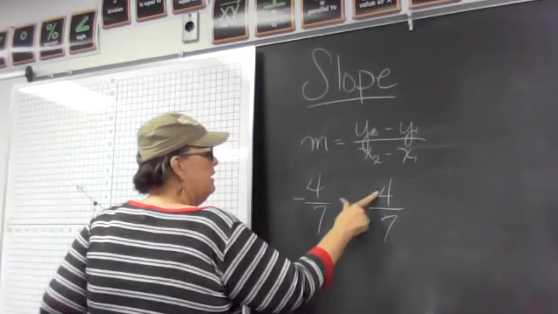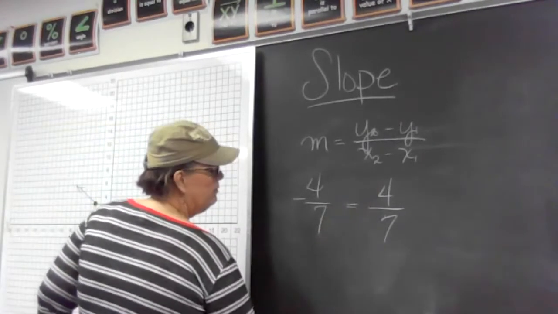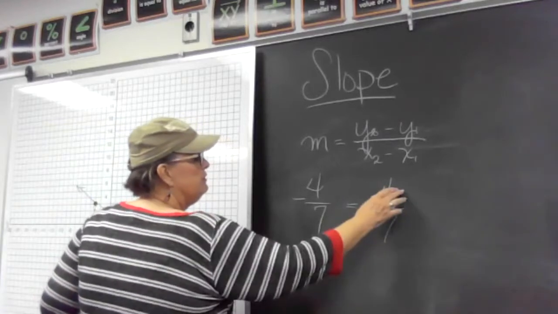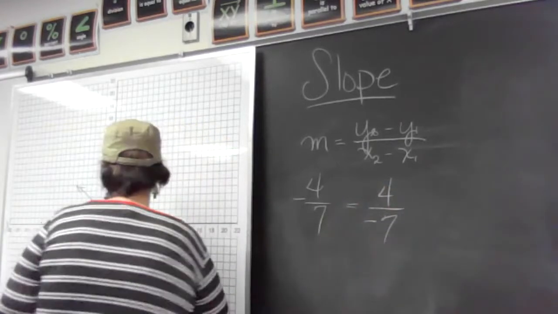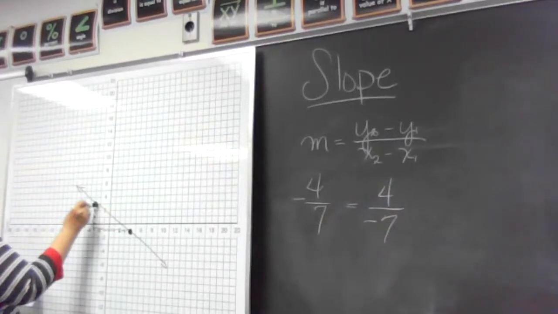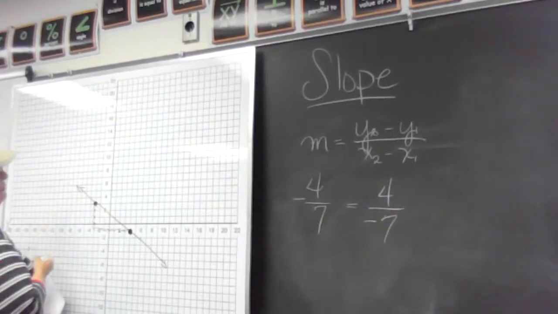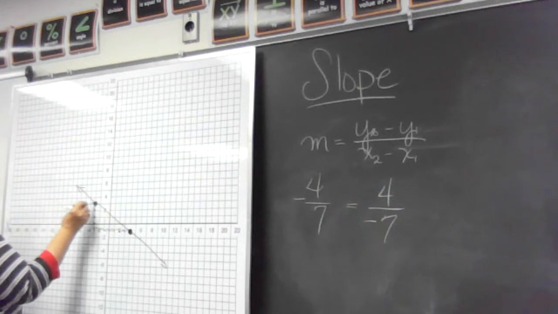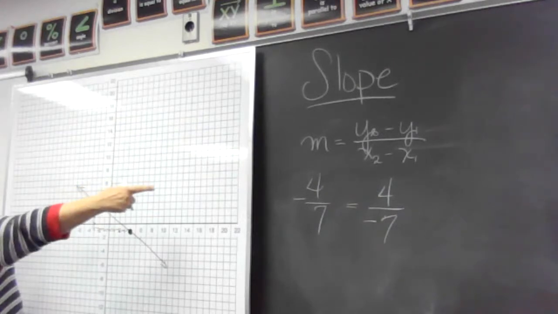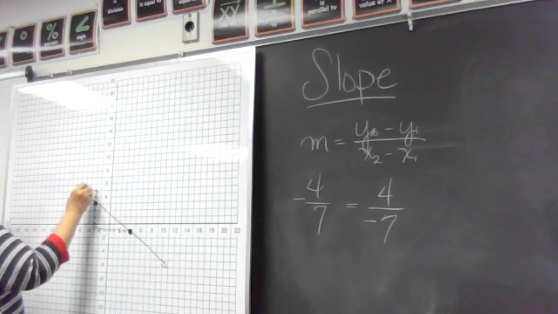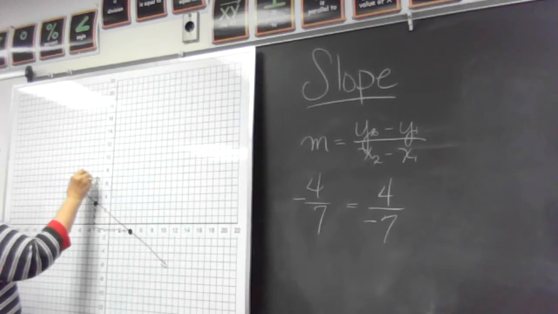So what if I decide, no, I'd rather have the bottom one be negative. Let's see what happens when we do this rise and this run. I'm working at the same starting point, doesn't matter. But this time it says to go 4, rise, positive. 1, 2, 3, 4.